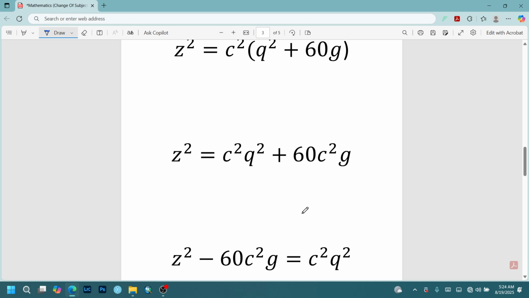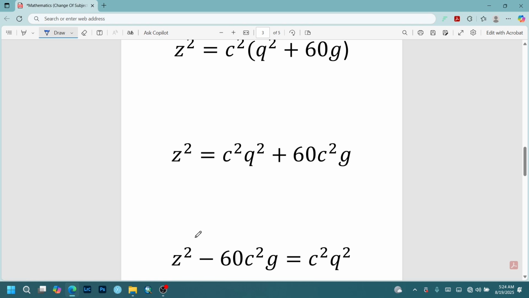So we maintain it. The other variables which do not contain k, our intended subject of the equation, we group like terms for those variables. So those variables are z square and positive 60 c square j, right?